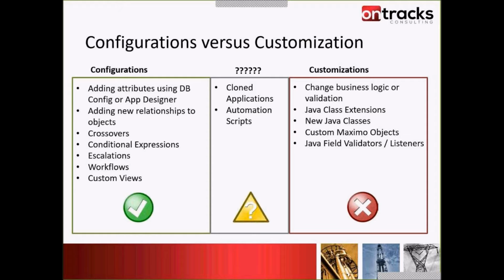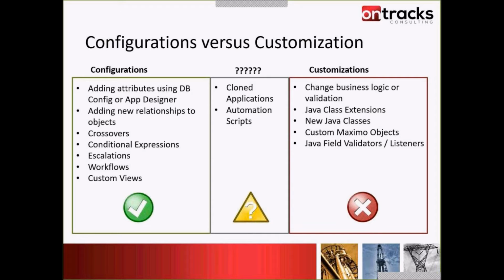And even within automation scripts, there's a huge pendulum. On one side, you can use them to replicate or change business logic. That would be very much, I would say, a customization. And on the other side, you may use an automation script simply as a means to attach a launch point to an out-of-the-box action. So there's a huge, huge range there, but I wanted to point these out because all my slides that I've got after this, when I go through these configurations, I have nothing that falls into the far right category.